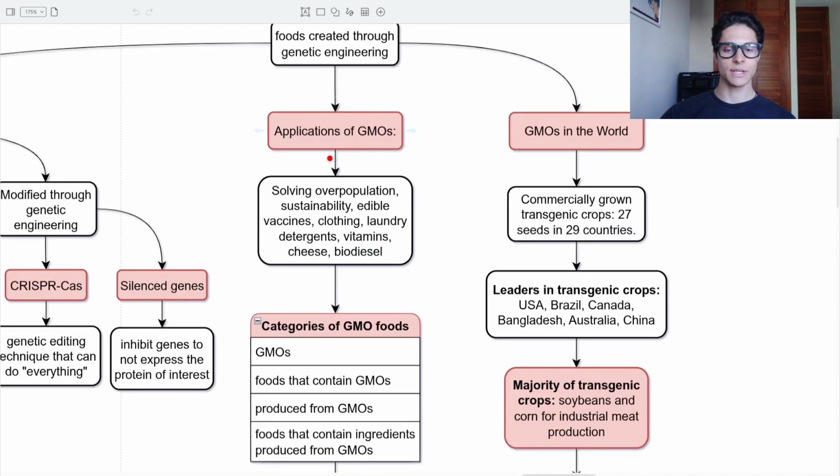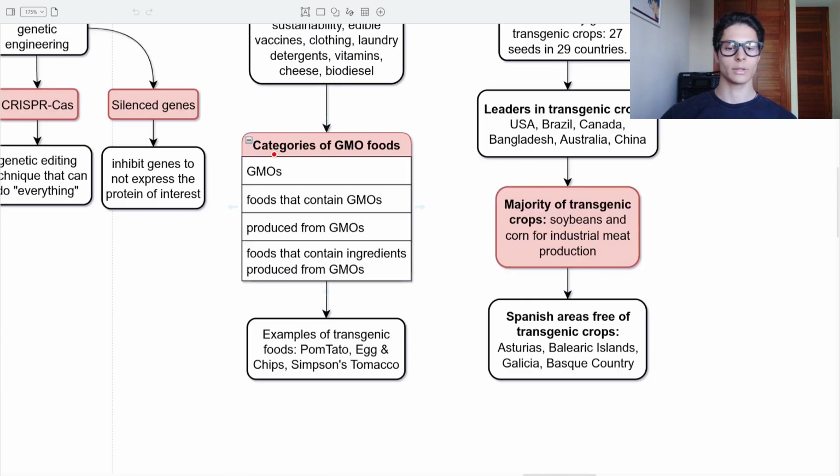What are the applications of GMOs? Well, solving overpopulation problems, sustainability, edible vaccines, clothing, laundry detergents, vitamins, cheese, and biodiesel. Most of these things nowadays are made through GMOs. What are the categories of GMO foods? Well, we can have GMOs, genetically modified foods, such as soy or corn.